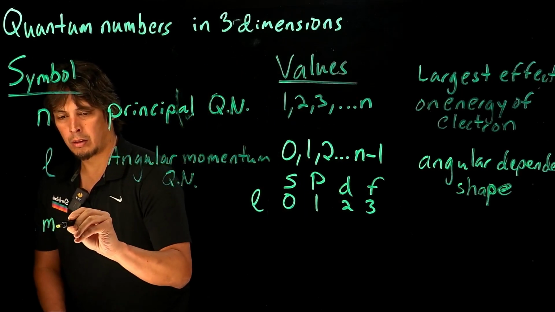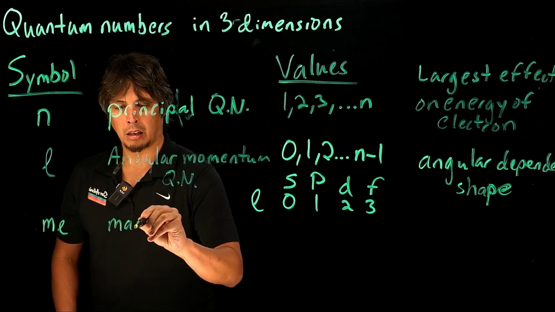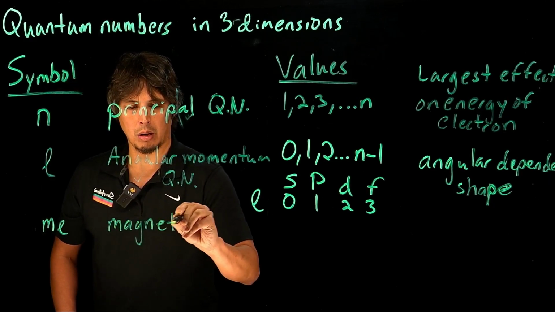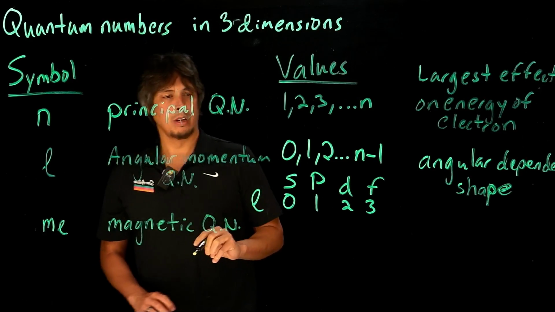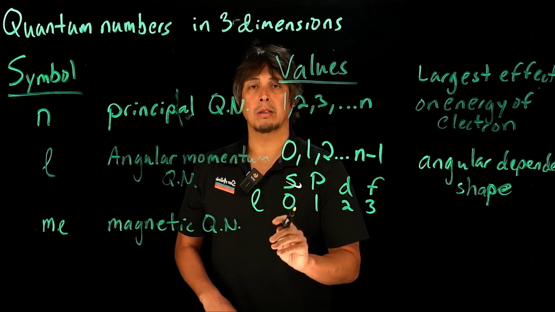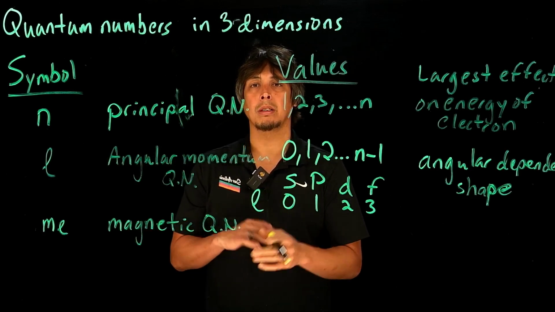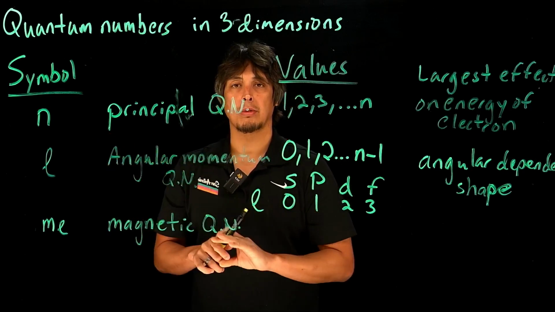Then we have m sub l. This is the magnetic quantum number. This ranges depending on what the l value is for this electron.